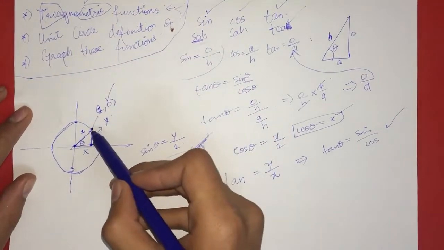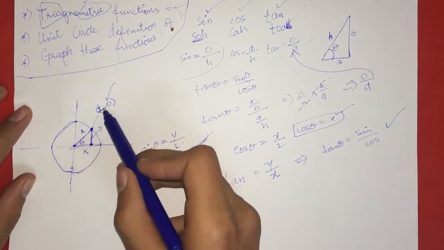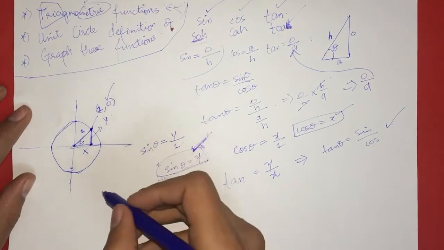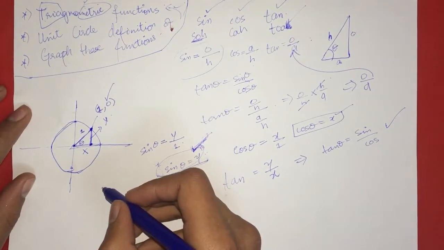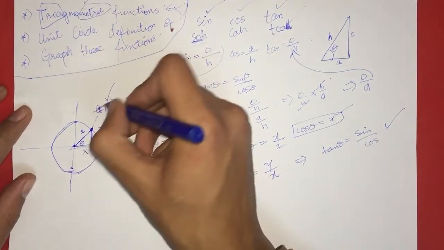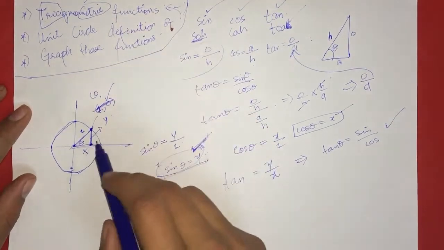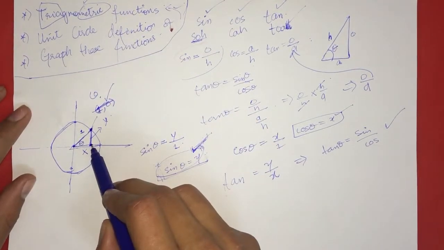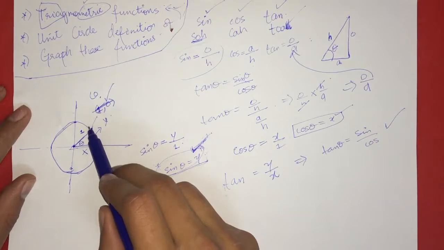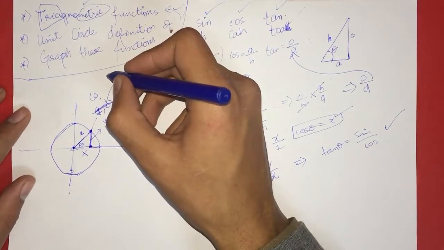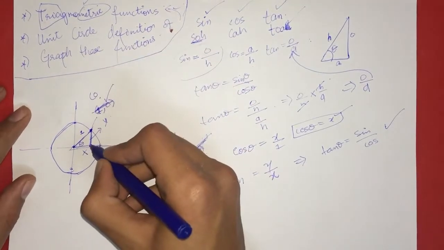So if x is 1 and y is 0, that means... no, sorry, this point is... no, x is 0. Okay, here, sorry, this point.